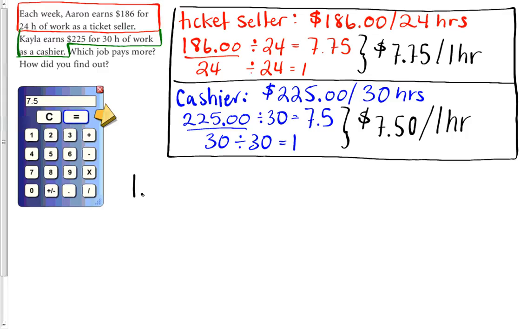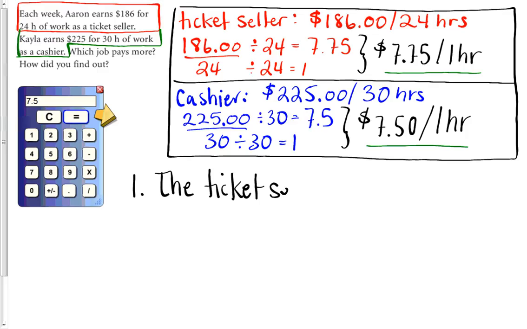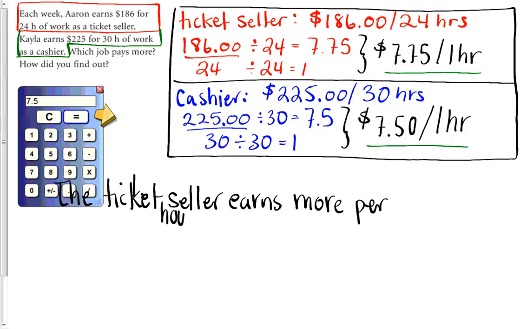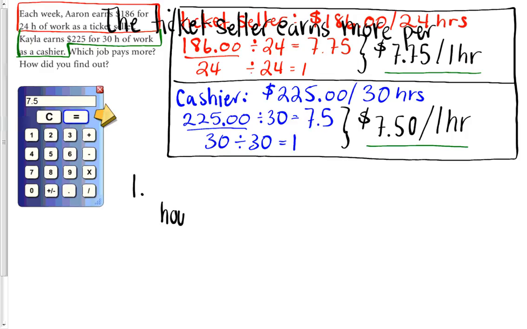So our first question was, which job pays more? Pretty simple. We look back at the two jobs. We've got our ticket seller at $7.75 an hour and our cashier at $7.50 an hour. So the ticket seller earns more per hour. Oh, this is that fun thing that our smartboard sometimes does where it really loves to move things around.